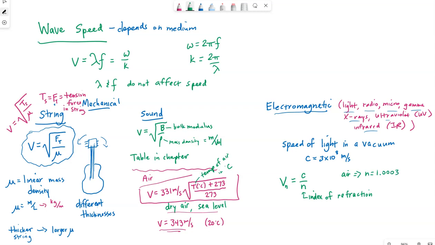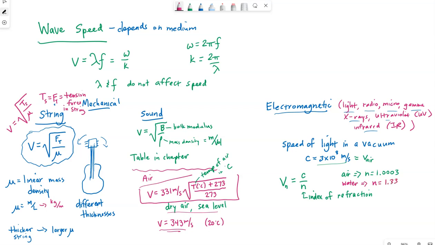Now, when we take this speed of light and divide by 1.0003, we essentially still have the speed of light. So for any problem with electromagnetic waves, we will still usually use this same value in air, just because that index of refraction is so close to 1. But water, for example, has an index of refraction of 1.33.